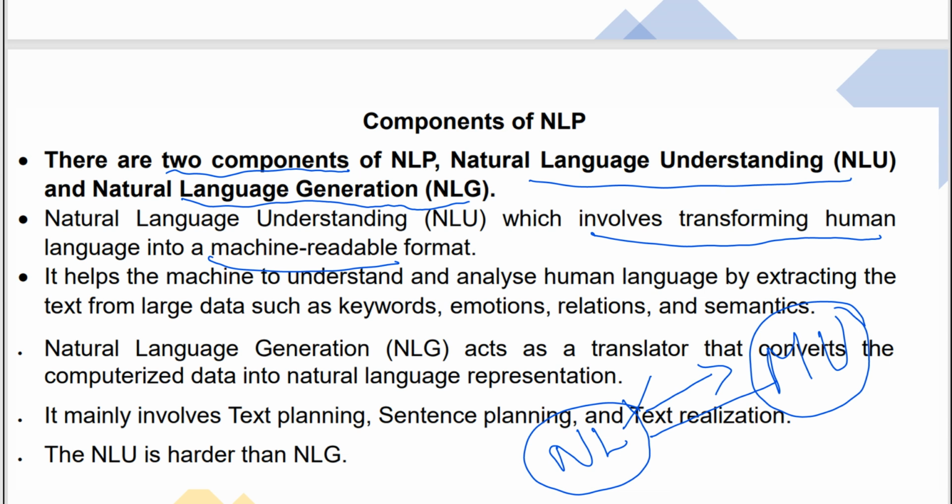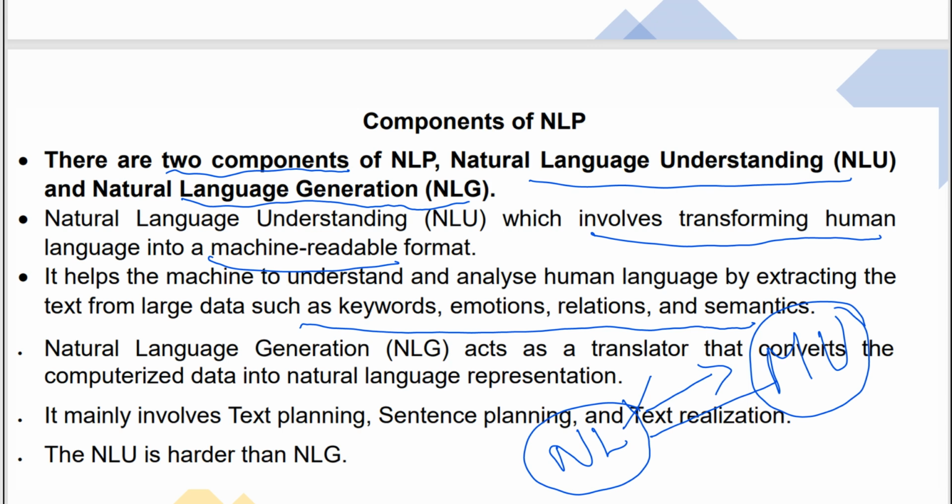What natural language understanding does is analyze the human language by extracting the given input from large data, using keywords, emotions, relations, semantics and syntax. It extracts all these keywords. Once it extracts them, it is very easy to understand what they are trying to say or speak.